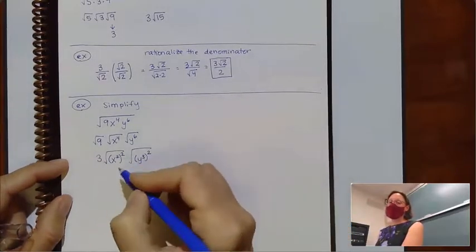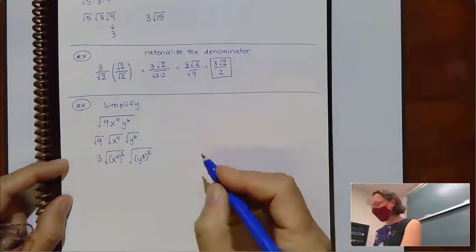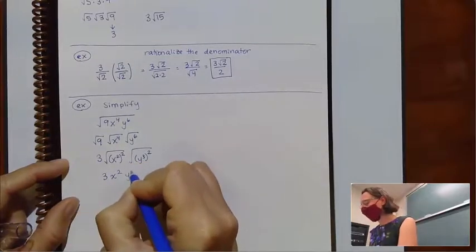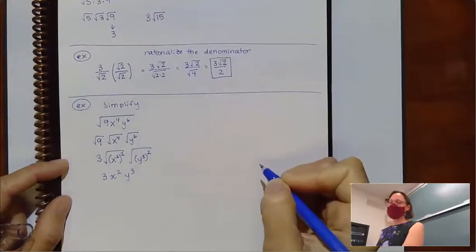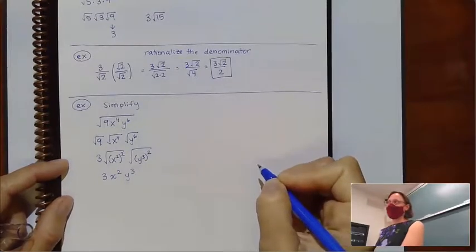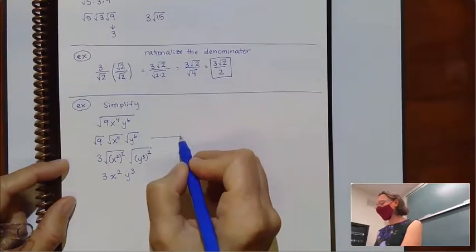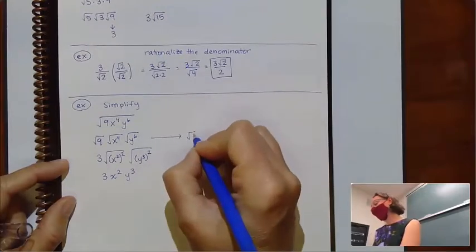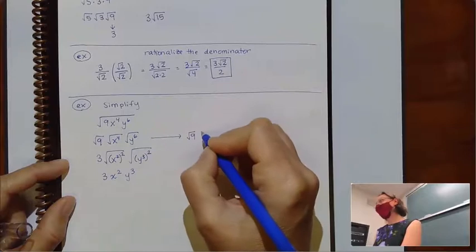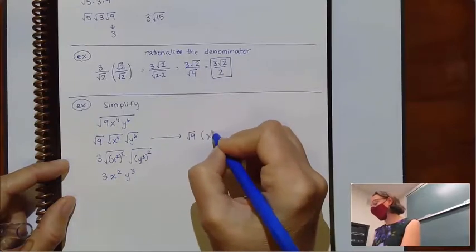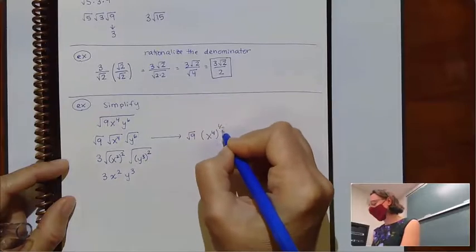So that I'm taking the square root of each of those. So I end up with 3 times x squared times y to the 3rd. I don't know why, but in my head, numbers belong inside of square roots, but letters belong with fraction exponents. And that's really, honestly, just how my brain thinks about this.